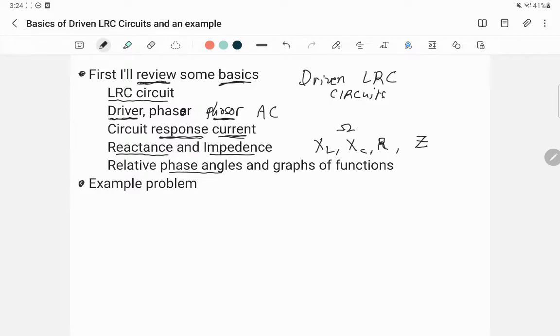I'm also going to tell you about the relationship between phasor diagrams and phasor angles, as well as graphs of the functions that the phasors represent. And then finally, I'm going to describe an example problem. I'll tell you what the problem is later. Okay, so here we go.